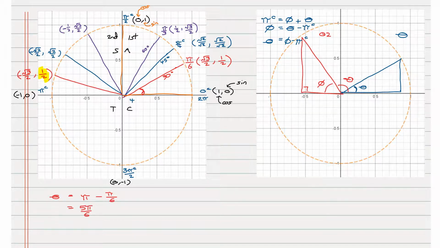So the exact value in red here is represented as 5 pi over 6, or if we convert that to degrees, what we find is it equals 150 degrees.